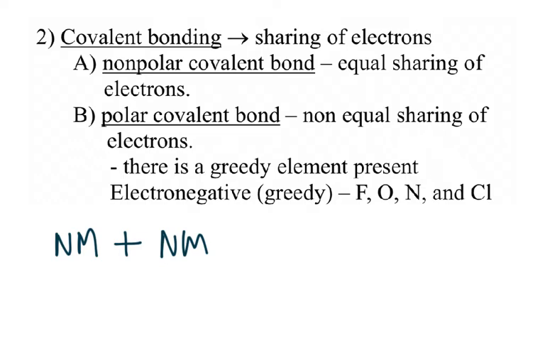In fact, they're all near fluorine. The most electronegative elements are fluorine, oxygen, nitrogen, and chlorine. I use the acronym FONCl to help you remember those electronegative elements. So if you are making a covalent bond involving fluorine, oxygen, nitrogen, or chlorine, it most likely will be a polar covalent bond, which simply means that there will be unequal sharing of electrons.